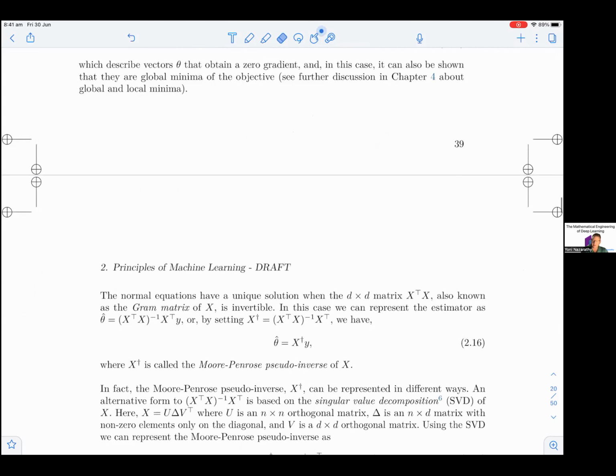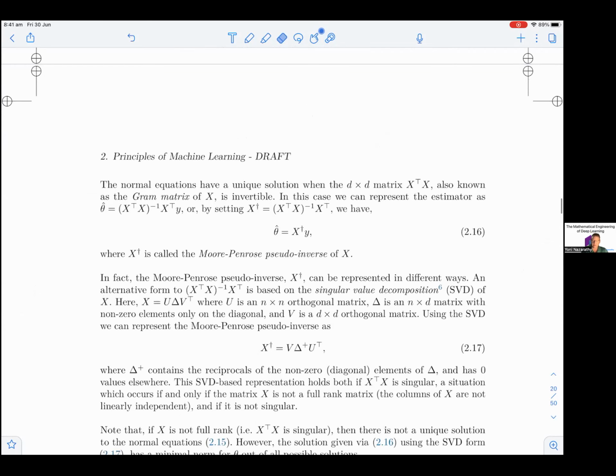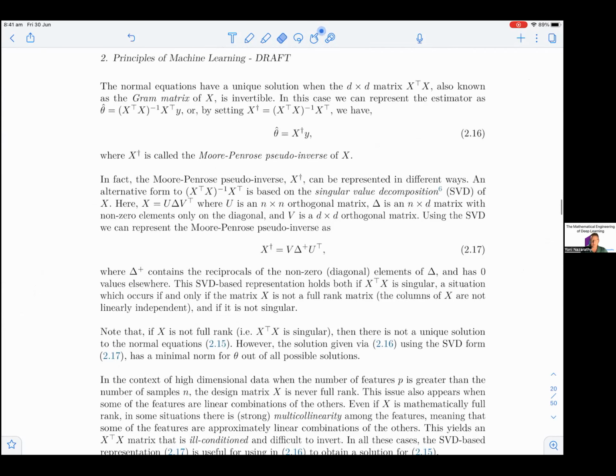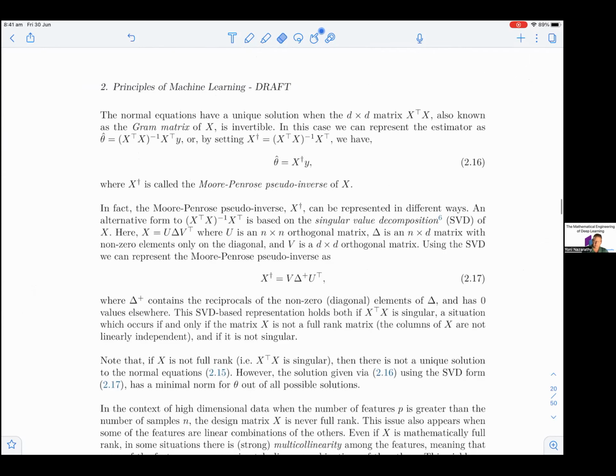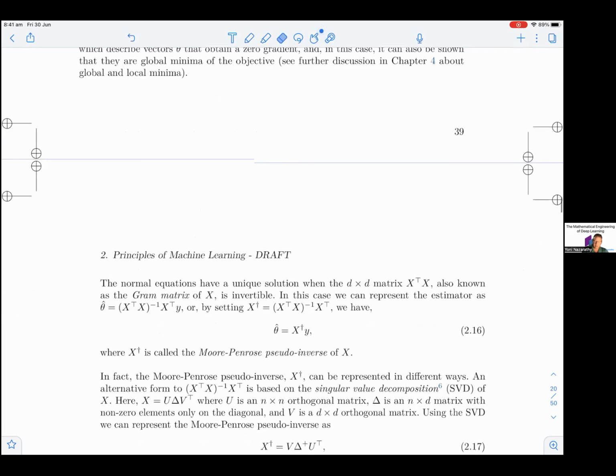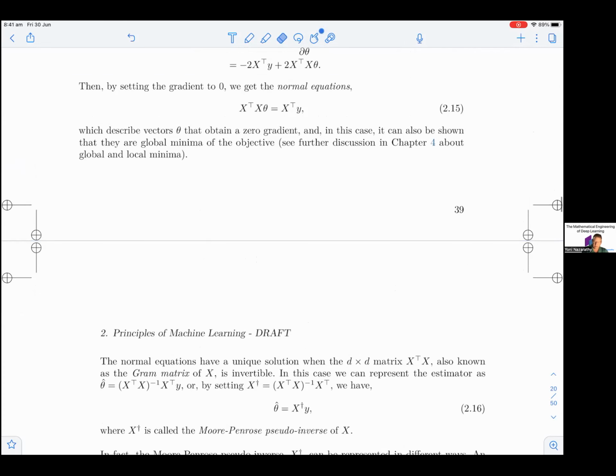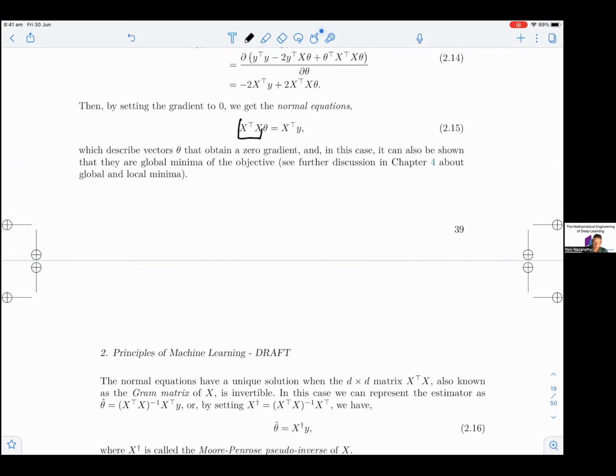They have a unique solution when this matrix, the Gram matrix of the design matrix X, is invertible. In this case, we can multiply from the left by the inverse of this thing, and represent the estimator as (X transpose X) inverse times X transpose y.